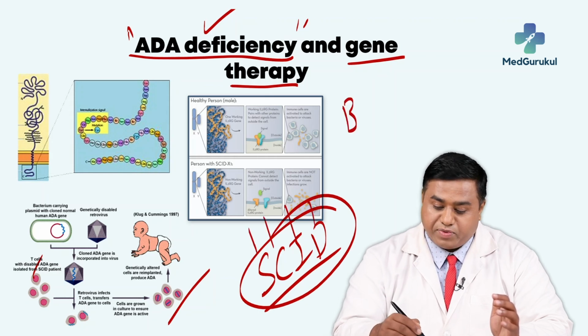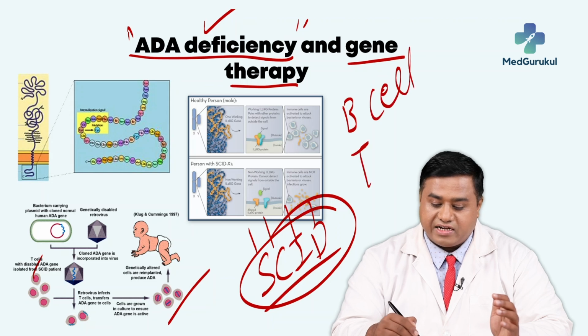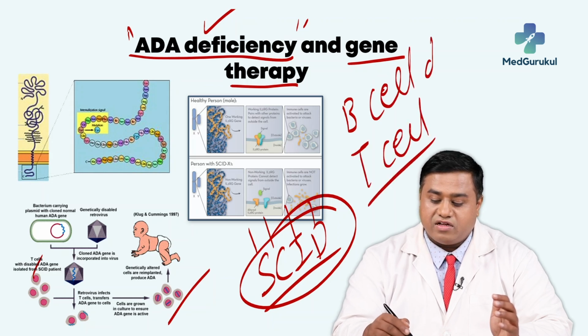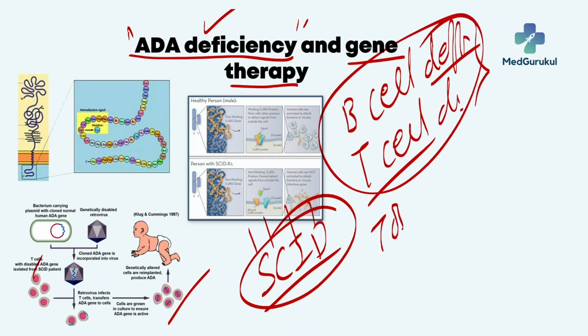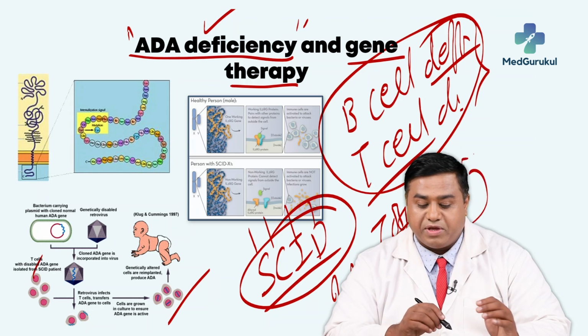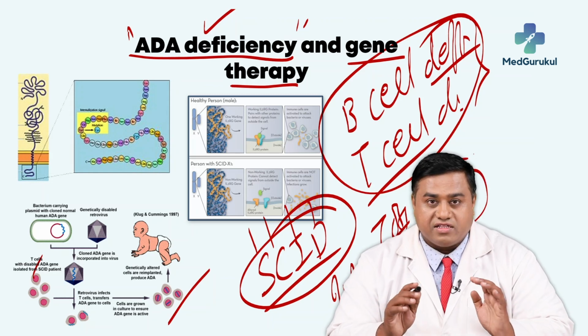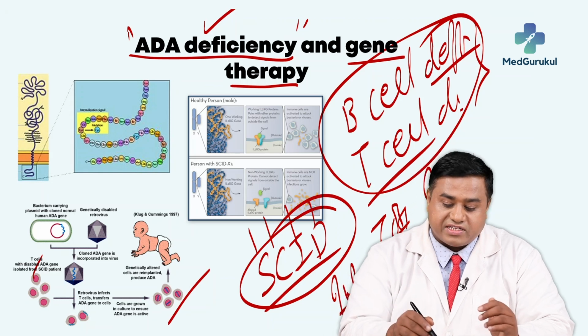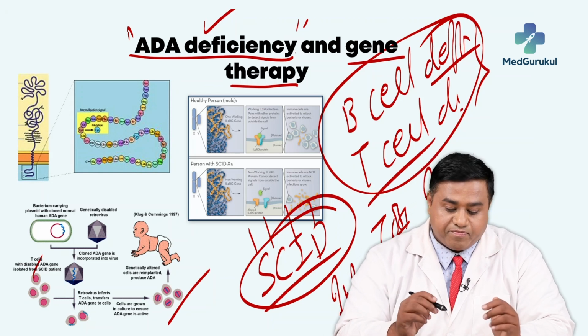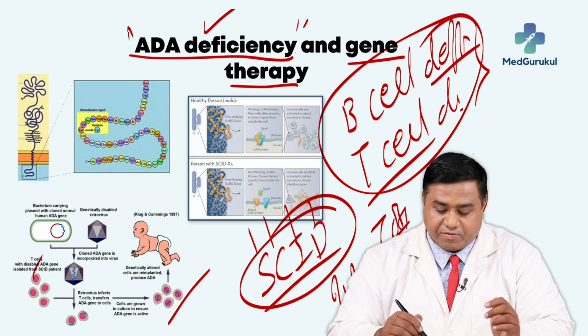So, there is both B cell and T cell deficiency in this patient, ultimately leading to total immune failure, and they are prone to all infections and hence must be kept in a bubble. So, they are called bubble babies, and in these cases we need to supply this defective enzyme called ADA through gene therapy.